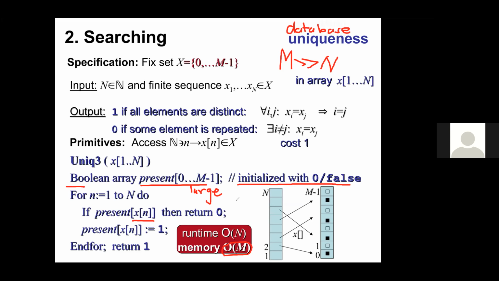Initially no xn was previously encountered, so all the elements in the array present must be set to 0. In practice, when you program this, you have to do this initialization yourself, which costs O of m. So in fact, this runtime is not O of n, but O of m.